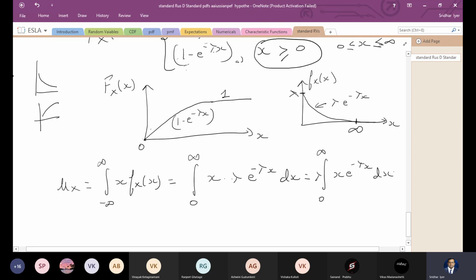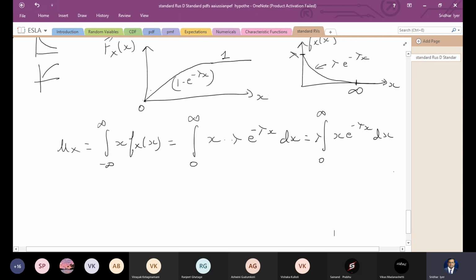Right. So this is a standard result which we could get when we were doing the integration part. I hope you remember those standard values which we could get when such kind of integrals were given. Okay, I don't know if you remember them, but these are the standard results. So what can you apply to get this integral?